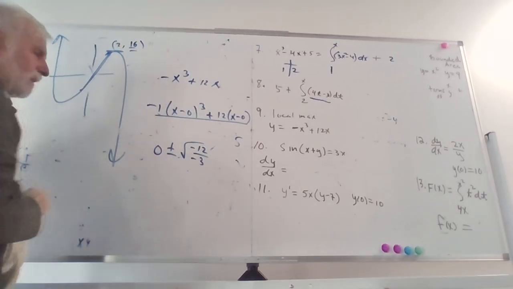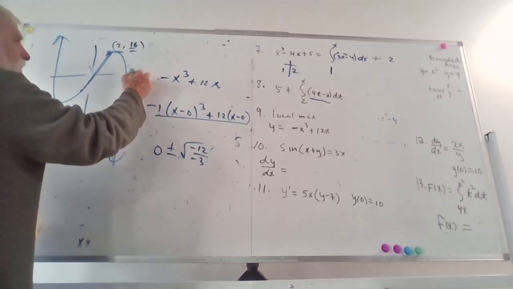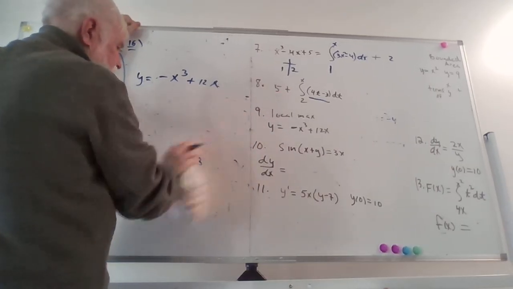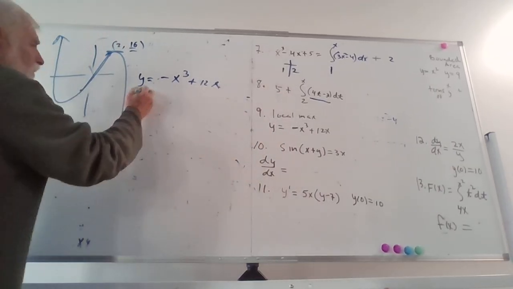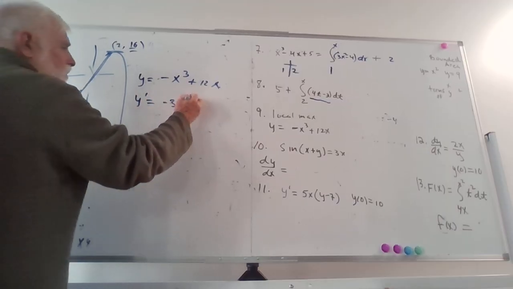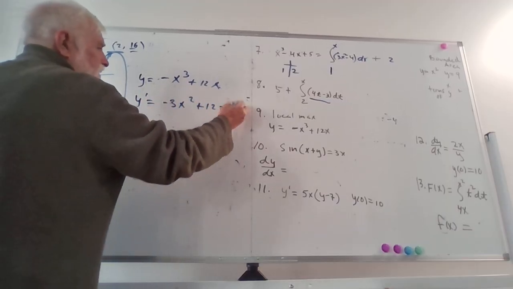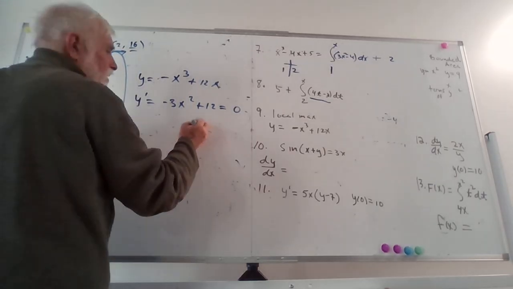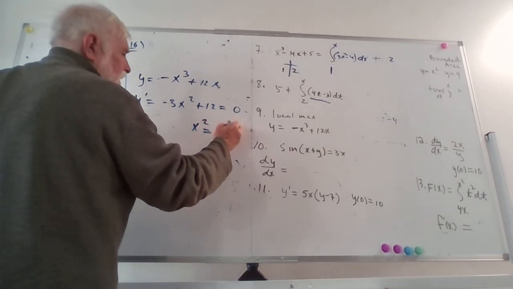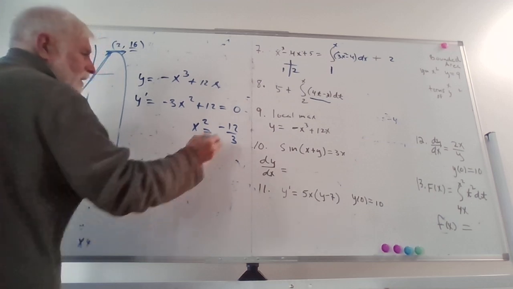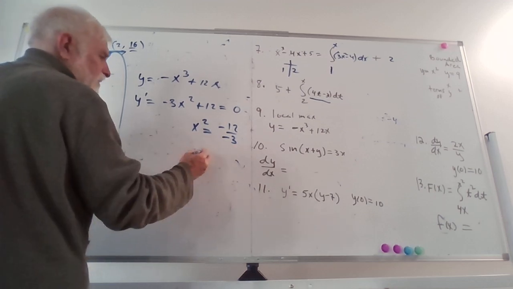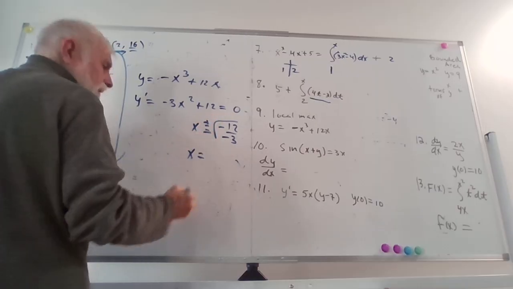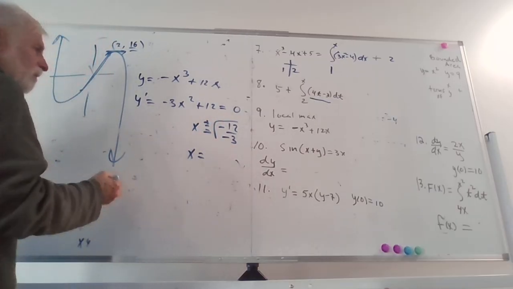That's our local max. Now, proving it, we need to do it with calculus now. So y prime is minus 3x squared plus 12. We set that to 0 because that's a slope of 0 right there. And I hope you can see that x squared equals minus 12 over 3, negative 3. So therefore x is equal to the square root plus minus of that. Right? And we want the positive. Why do we want the positive?